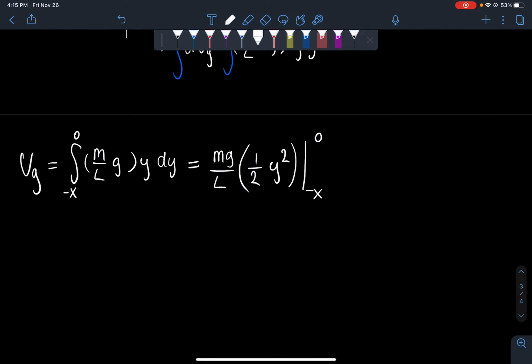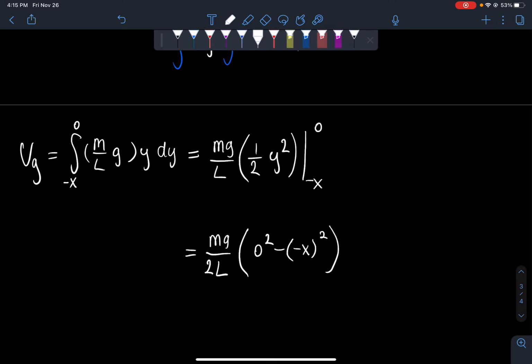Okay, so now we just plug in. We'll say mg over 2L, those are the constants, and then we have 0 squared, which is 0, minus, and then we're plugging in negative x and squaring it.